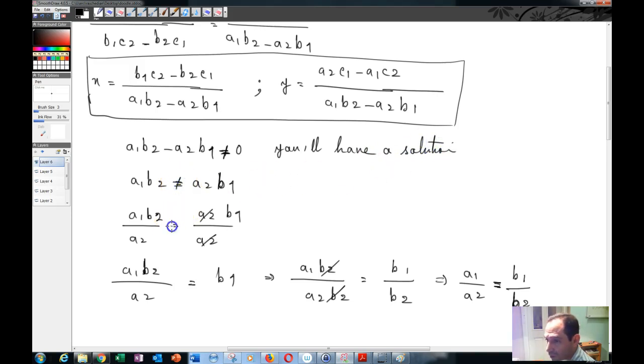So this is not equal, not equal, not equal, not equal, and not equal. So that means that if a1 to a2 is not equal to b1 to b2, then you will have a solution.